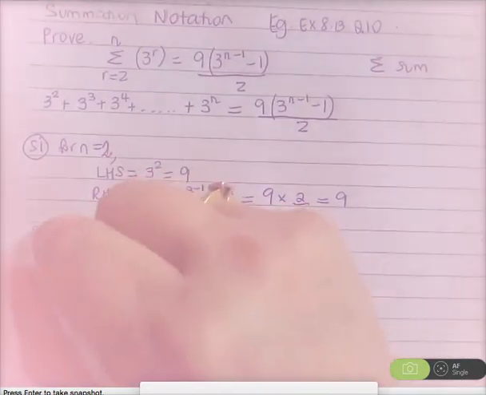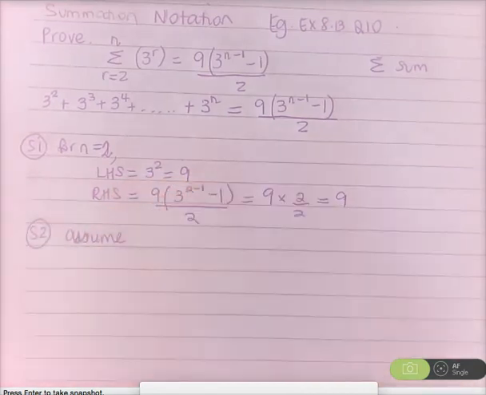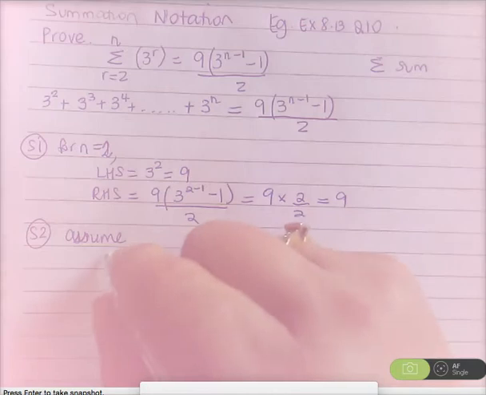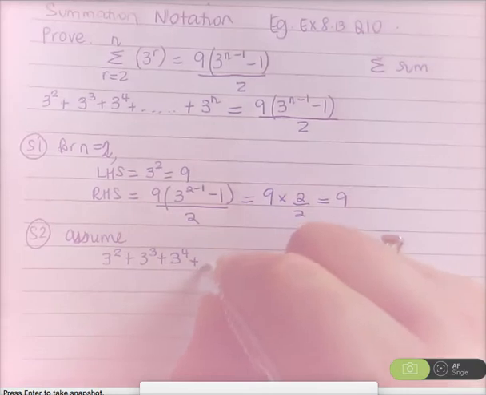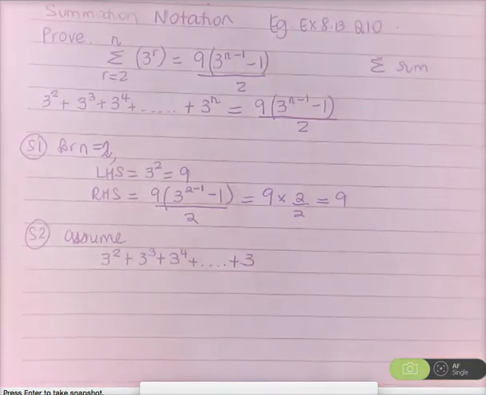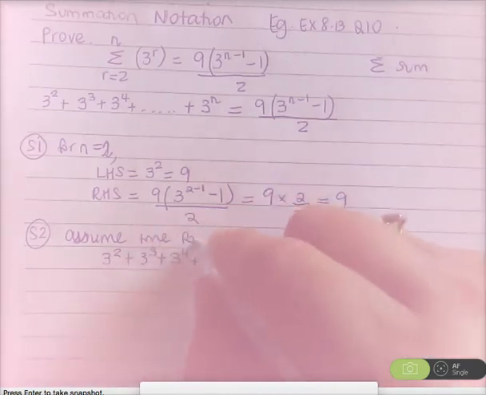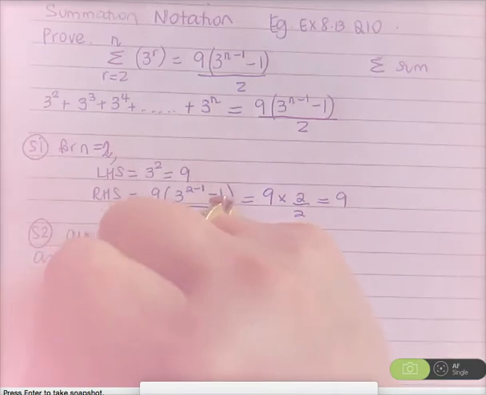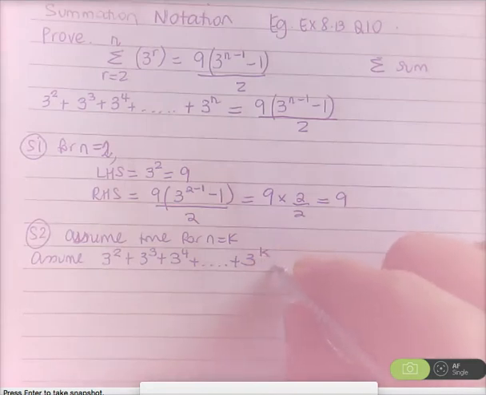Okay, that's step 1. Step 2, assume. Remember, it's assumed true for n equals k. So we're going to assume that 3 squared plus 3 cubed plus 3 to the power of 4, all the way up to 3 to the power of k, equals 9 times 3 to the power of k minus 1 over 2.